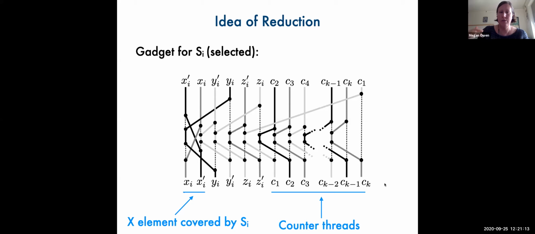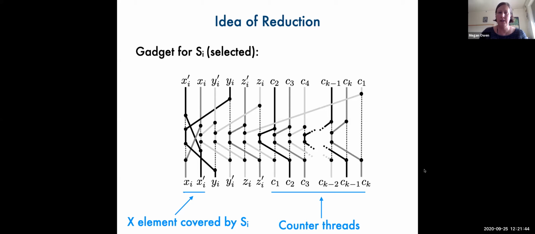And so this is how the reduction works. Basically, you've got to flip all of the Xi's, Y's, and Zi's exactly once, and then you can only have your K number of counters. Each flip is saying you're covering that element, and then your counter is just double checking that you've only picked the number of sets so that everything is covered once.